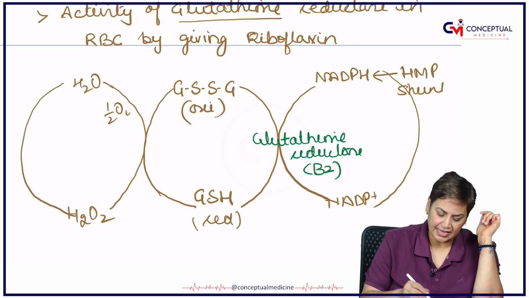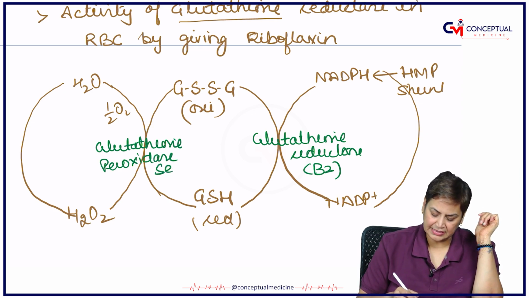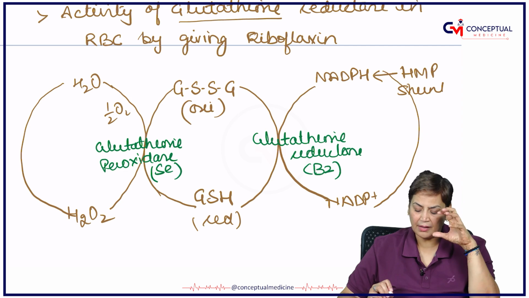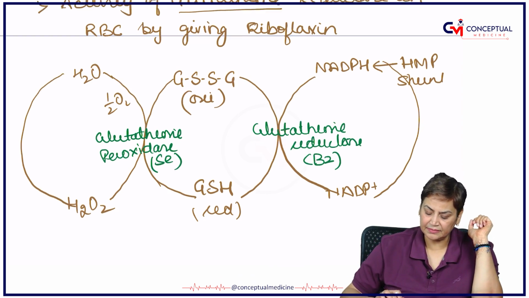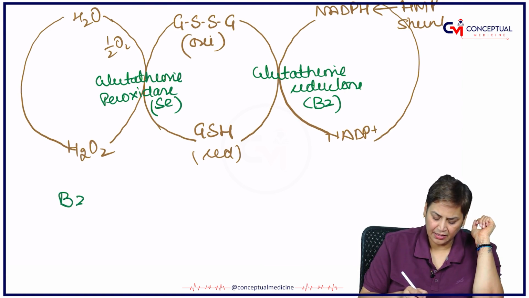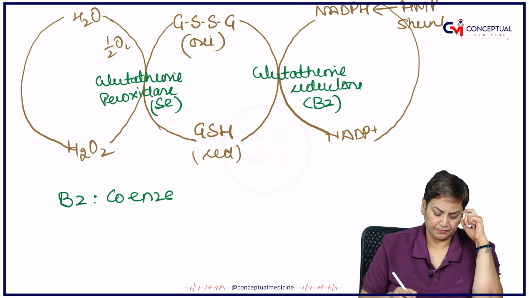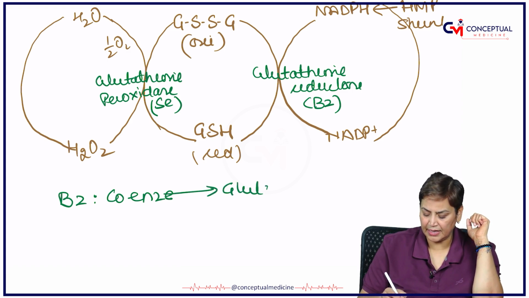The enzyme here is glutathione peroxidase, and this glutathione peroxidase requires selenium. Now see, B2 is a coenzyme for glutathione reductase.